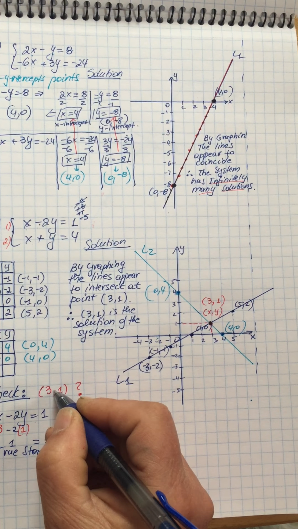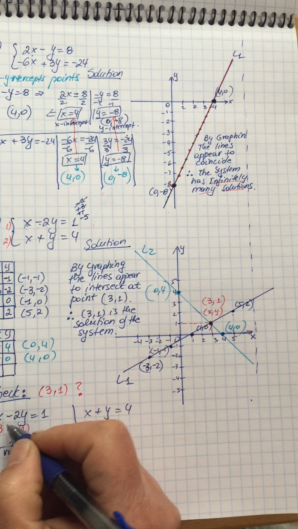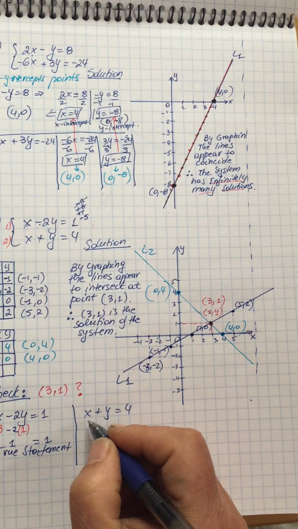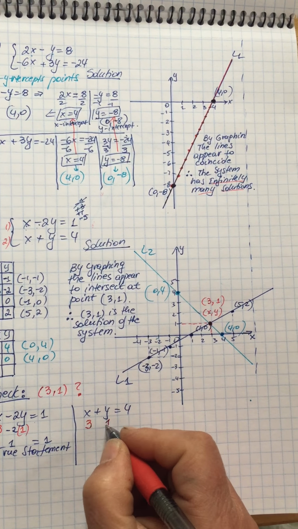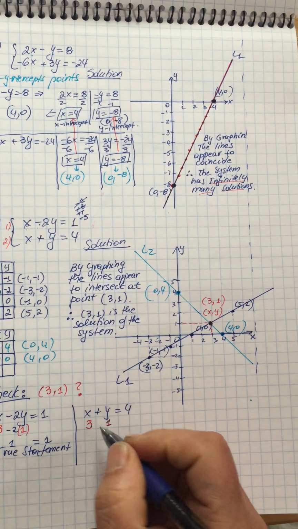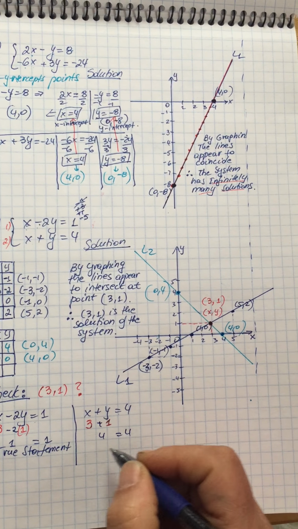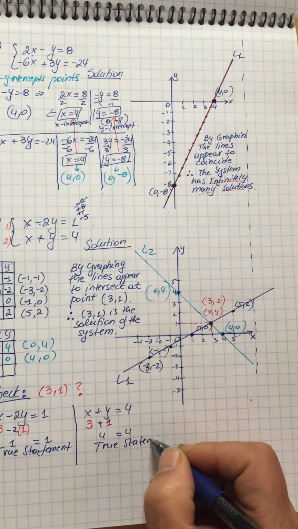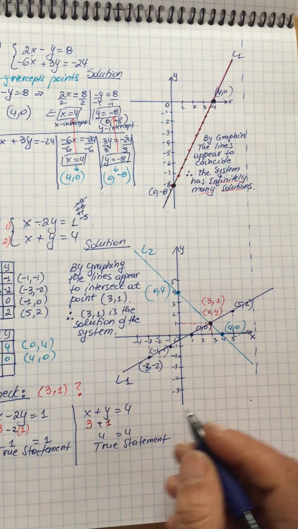So the solution that I claim to be the solution of the system satisfies the first equation. And now let me check the second equation. So replacing x by 3 and y by 1, I have 3 plus 1, 4. And now I have 4 equal 4, which is a true statement. That means that my solution satisfies both equations of the system.